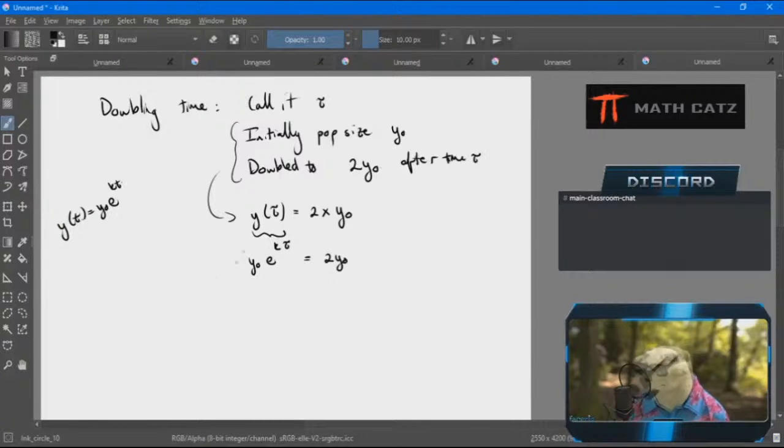Now solving for tau in this equation, I divide both sides by y0, so e to the k tau is 2 times y0 over y0, and the actual y0 value didn't matter.